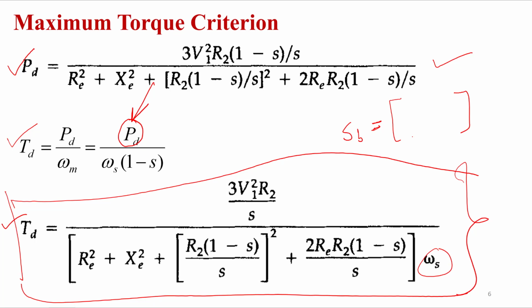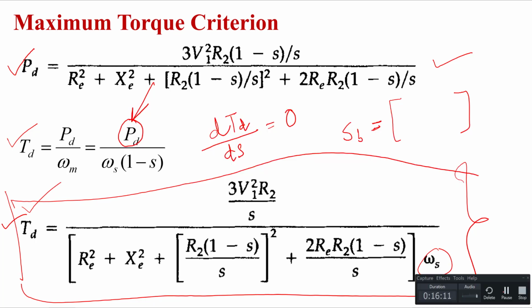Just a similar process will be followed. Take the derivative of TD with respect to s, equate to 0, then I will find the expression of s from this, and that will give me the expression of Sb. Can you find the expression of Sb?